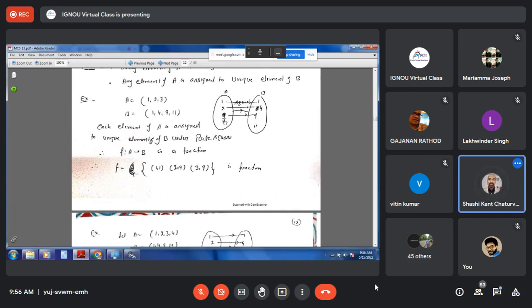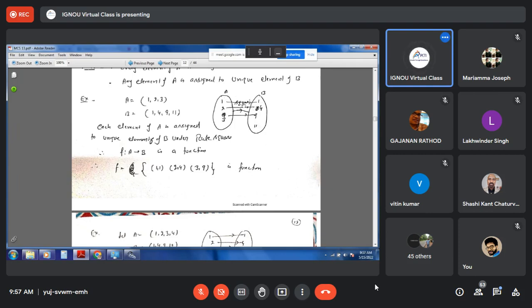I understood that. It is a function, it is 1-1, but it is not onto. See it carefully. It is a function of the natural numbers. Check from B to A. What is the object of 1?